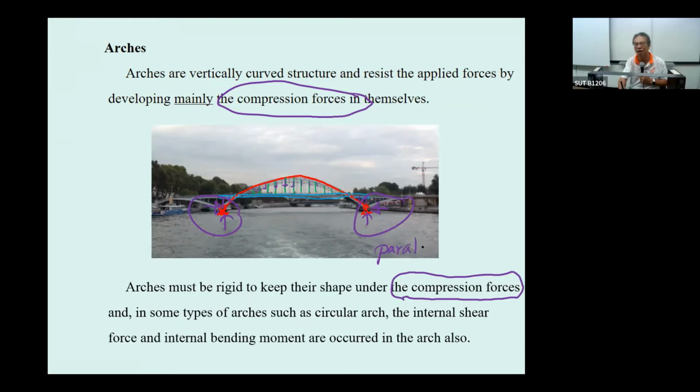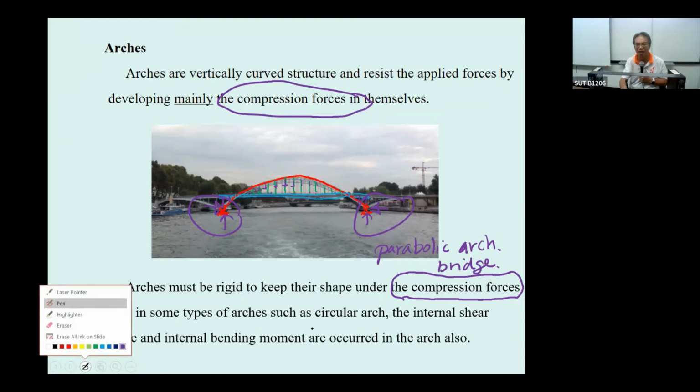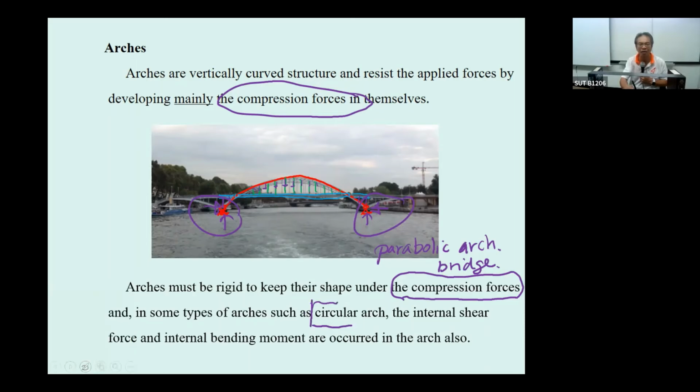You can see a lot of parabolic arches. If you travel in the US, there are a lot of parabolic arch bridges. But if the arch takes another form such as a circular arch or triangular arch, the arch will be subjected not only to compression but also to shear and bending moment.